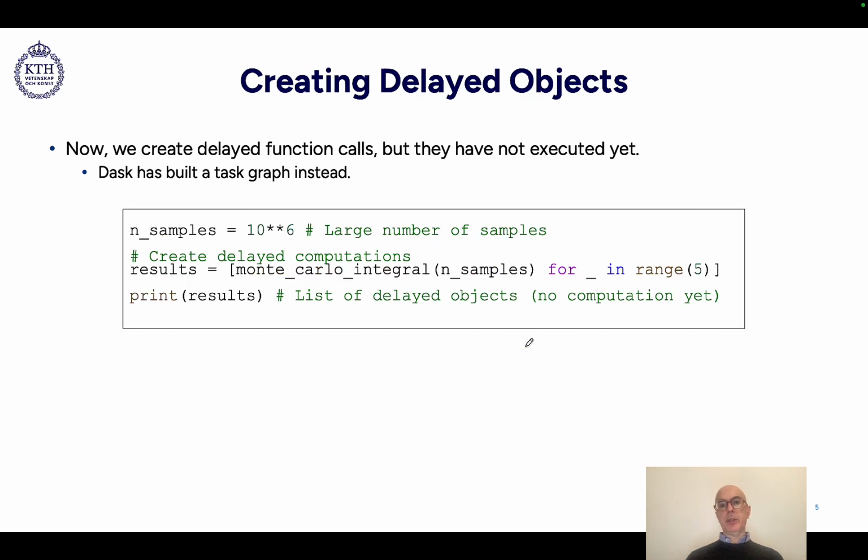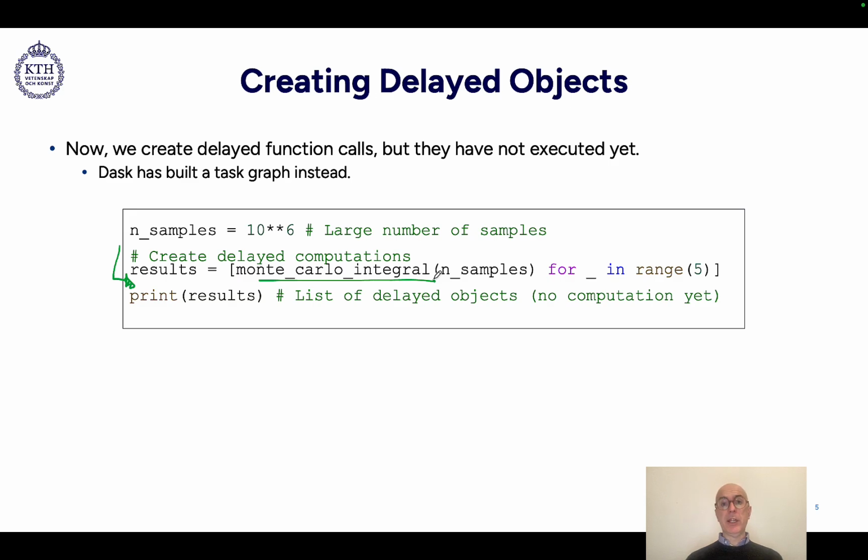Remember now that these objects are delayed, so we explicitly need to tell Dask to execute them. Now that we have created a delayed function call, it is not executed yet. We have the task graph instead. If we print here, this Monte Carlo integral task won't be executed yet.